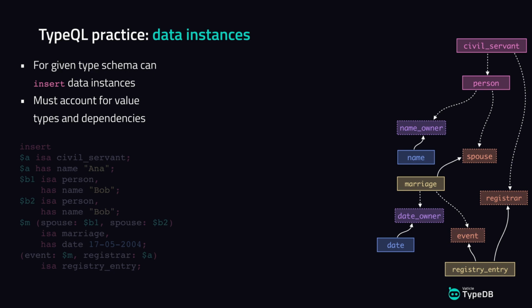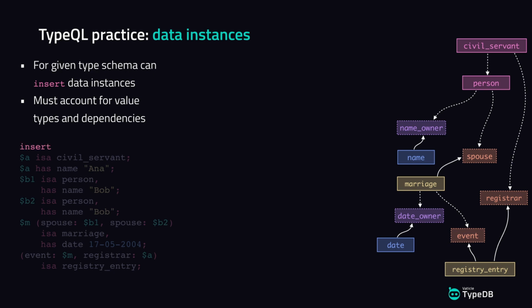And then there's also the relation of registry entries depending on the event role and the registrar role, which in turn is played by civil servants, subtyping persons. So it's really just taking all these different examples that we've seen before and combining them into a single schema. In TypeQL, you would now insert data into this with an insert query.